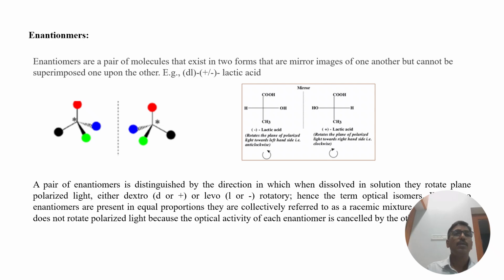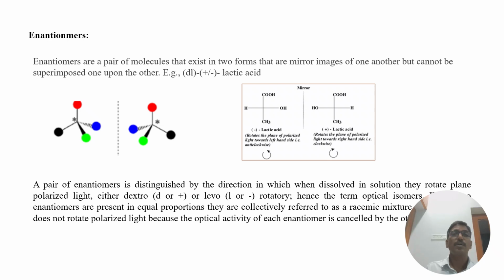Now let us talk about enantiomers. Enantiomers are a pair of molecules that exist in two forms that are mirror images of one another but cannot be superimposed one upon the other.